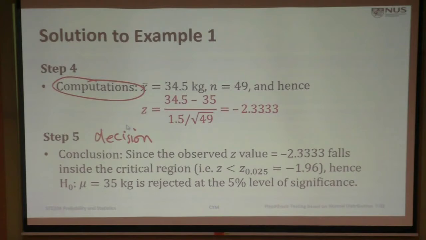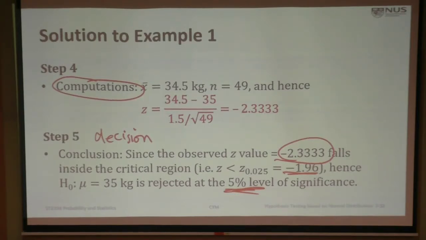Since this number is less than minus 1.96, my decision is to reject the null hypothesis. So I believe that mu is not equal to 35. And I have to specify that the decision I make is subject to a 5% chance of committing a type 1 error.